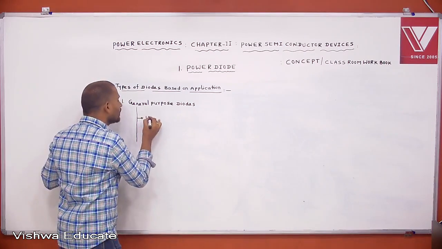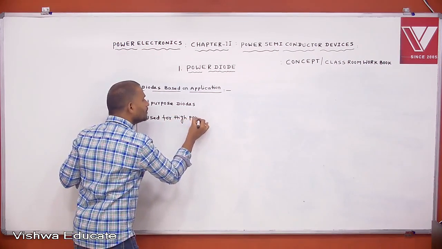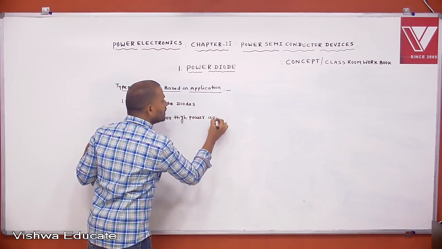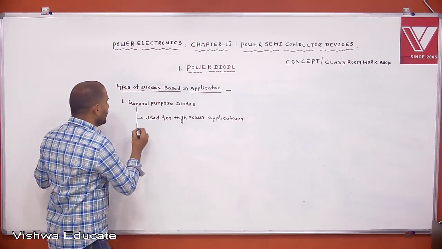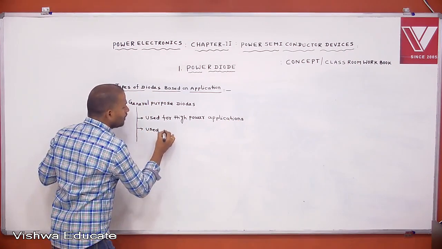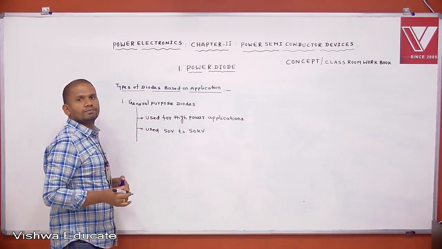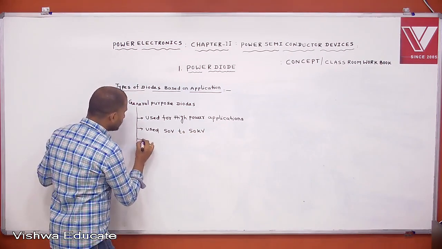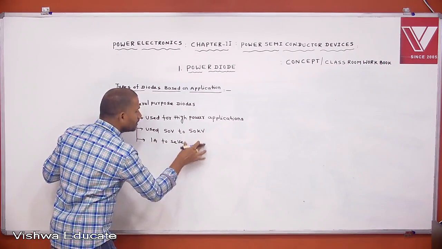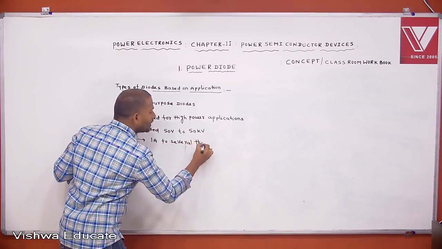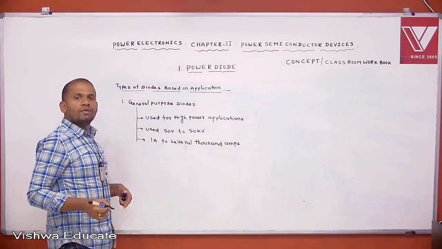They are used from 50 volts up to 50 kV, and for a current of 1 ampere to several thousand amperes.